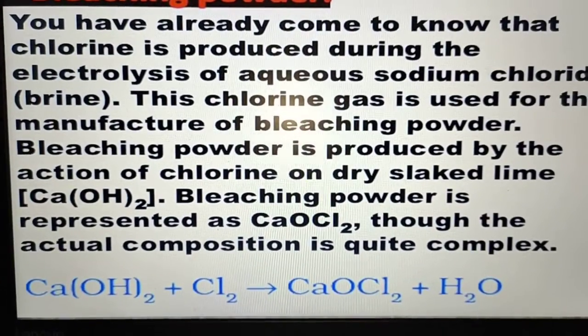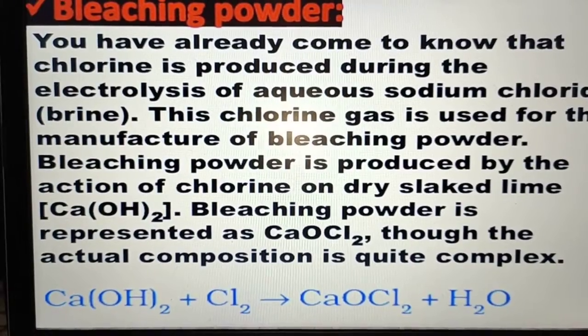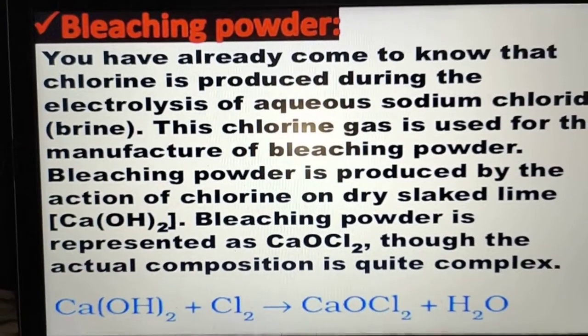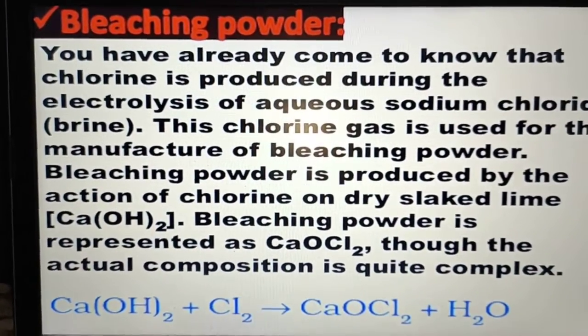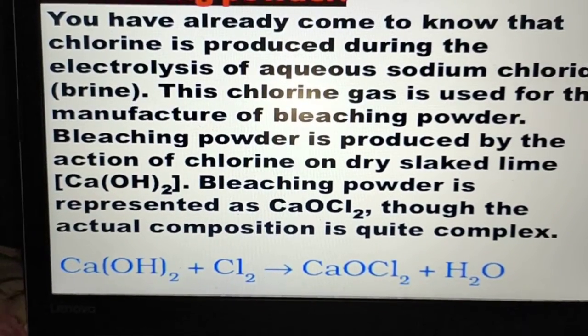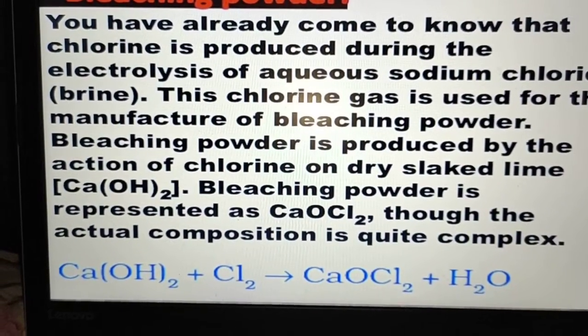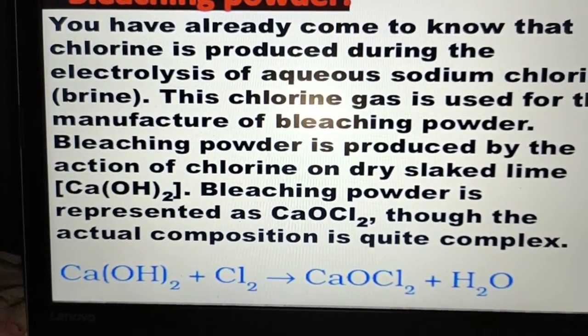Here we are using Cl2, which we get from the chloralkali process, for making the bleaching powder. Here we take calcium hydroxide, Ca(OH)2, plus Cl2, which gives you CaOCl2 plus H2O.